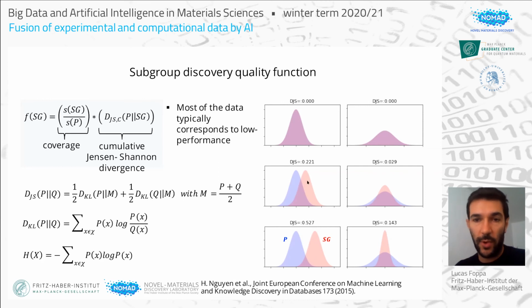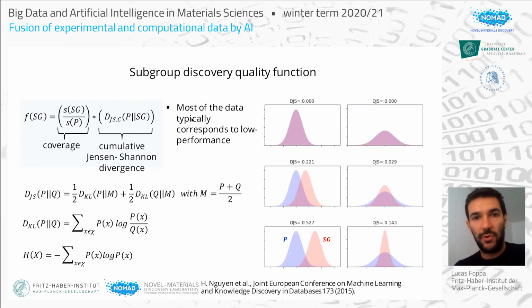Also, if the distributions have a different narrowness, we are also impacting the value of this divergence. This means that the subgroups we are searching for are either shifted somehow from the population, or they have a narrow distribution. This is what we are doing by choosing this quality function.